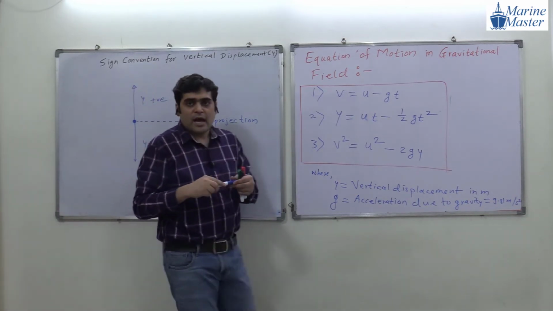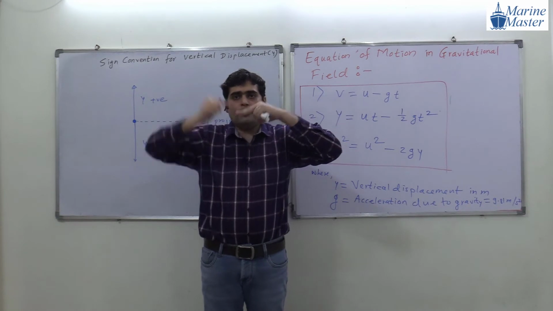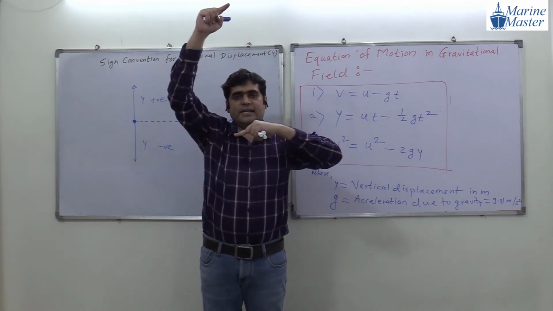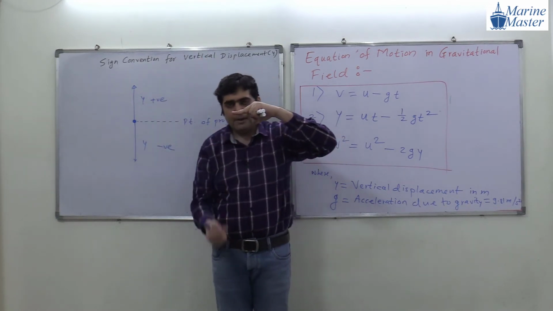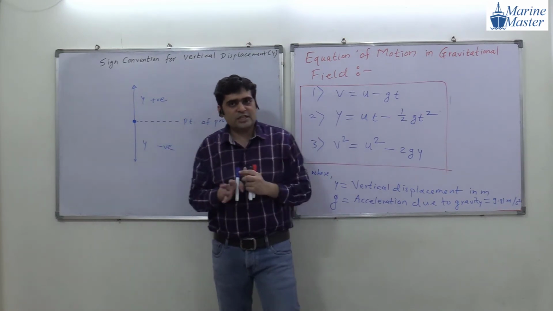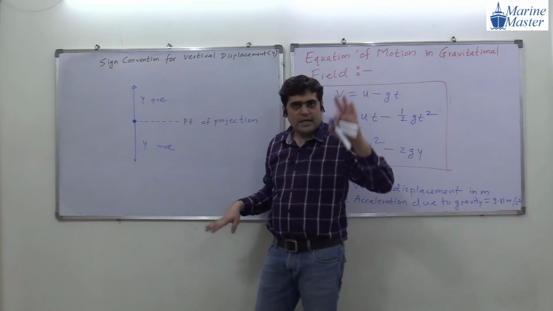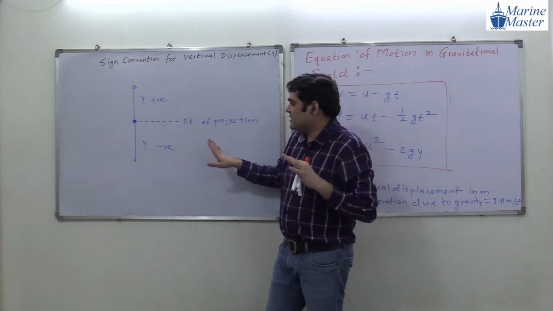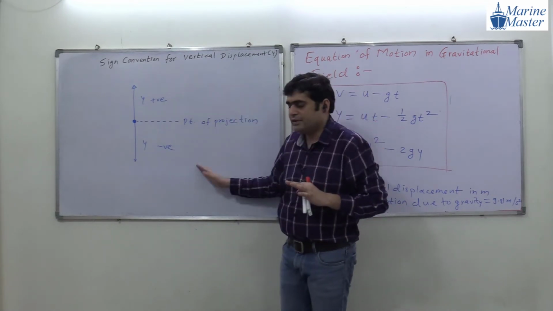If our final point is above the point of projection, then the vertical displacement is positive. If our final point is below the point of projection, then it is negative. Just remember these things now. While dealing with numericals, I am going to explain these more. So don't worry, please everyone write down this one.